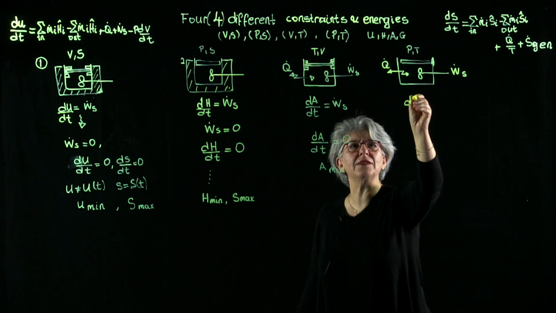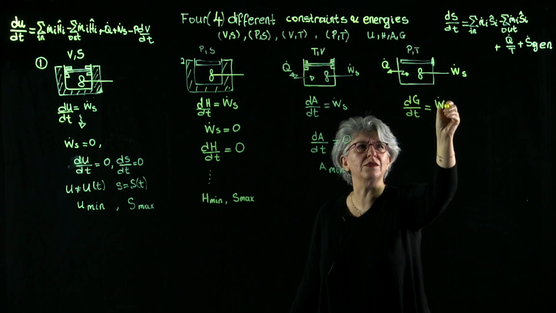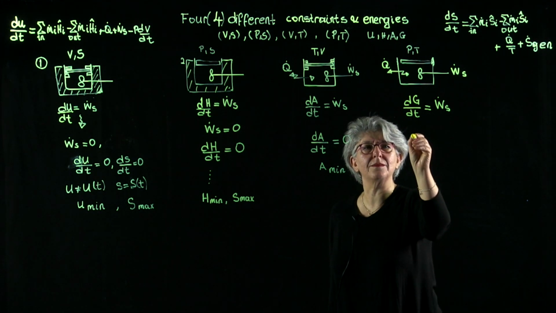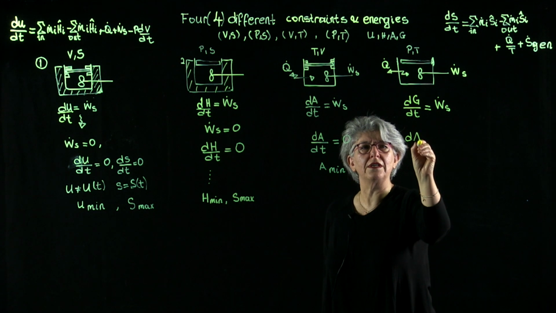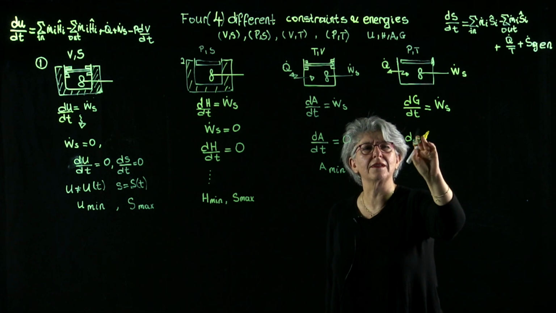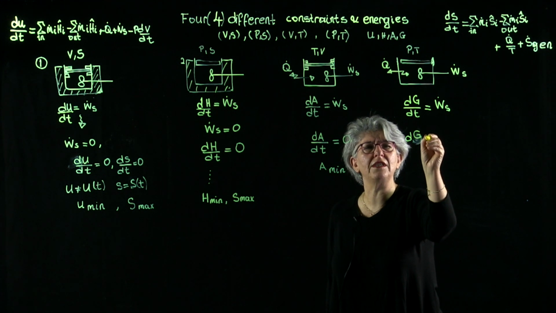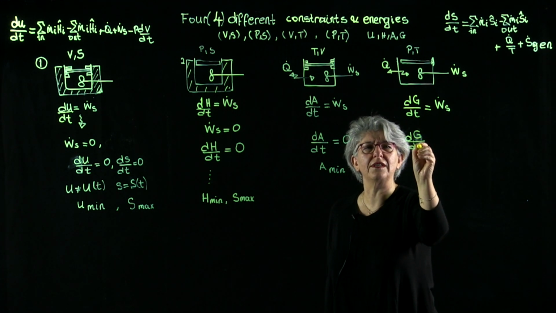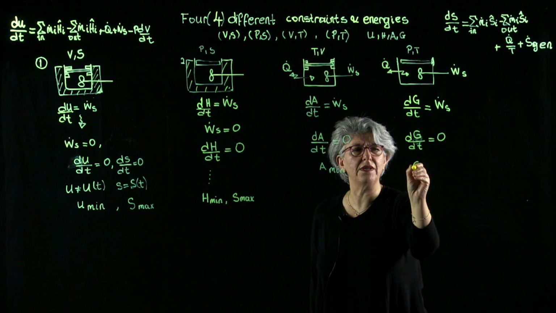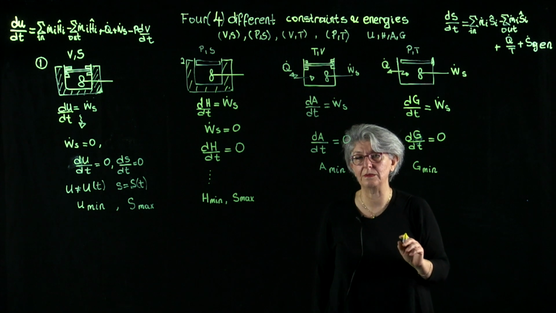Before we did that, it was dG over dt equal to shaft work. And this system, after those constraints are lifted, is going to evolve into a dG over dt equal to 0 state, or we are going to minimize the Gibbs free energy at equilibrium.